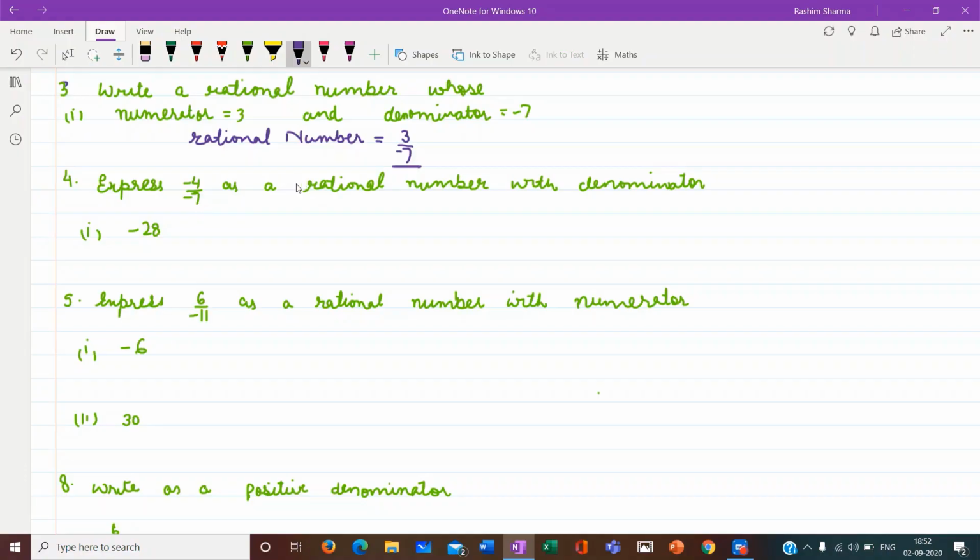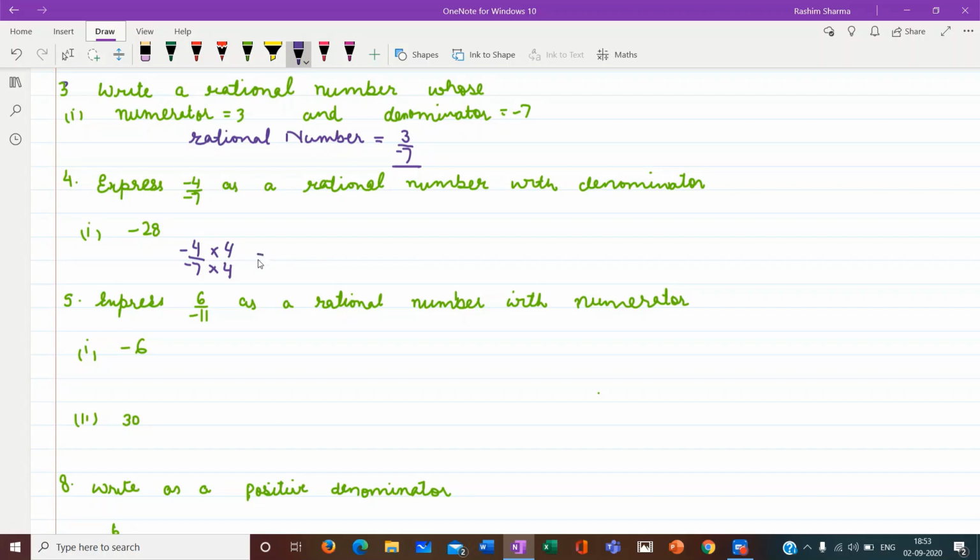Question number 4. Express minus 4 on minus 7 as a rational number with denominator minus 28. So how will we change denominator minus 7 to denominator minus 28? It means minus 7 is multiplied with 4, so the same number we will have to multiply with the numerator also.